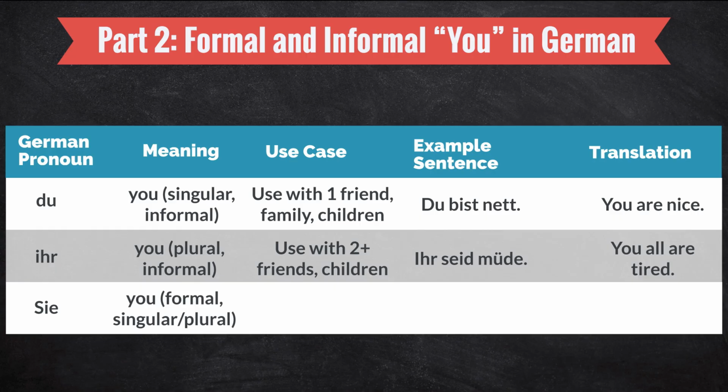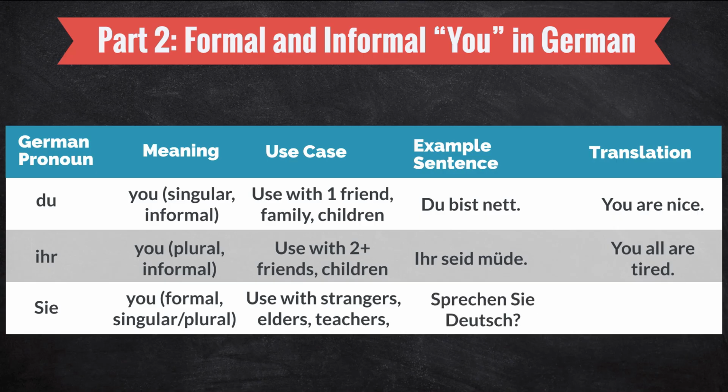Sie, with a capital S, is the formal version of you. Use it when talking politely to strangers, customers, teachers, doctors, older adults, in professional or official settings. Example, Sprechen Sie Deutsch? That means, do you speak German?